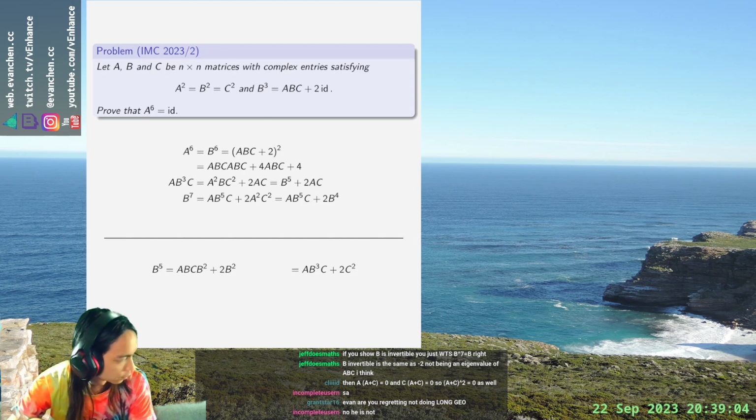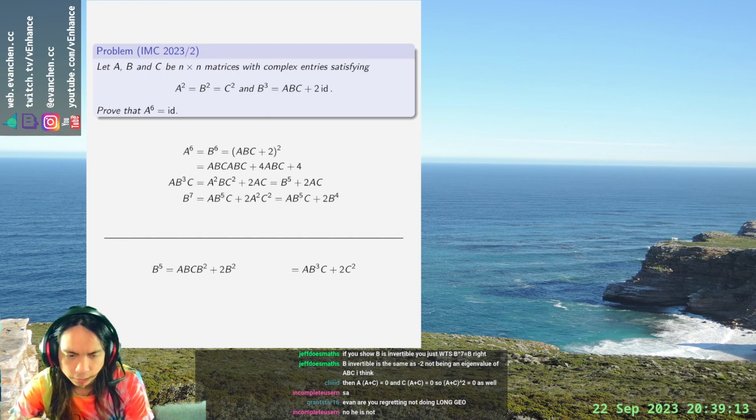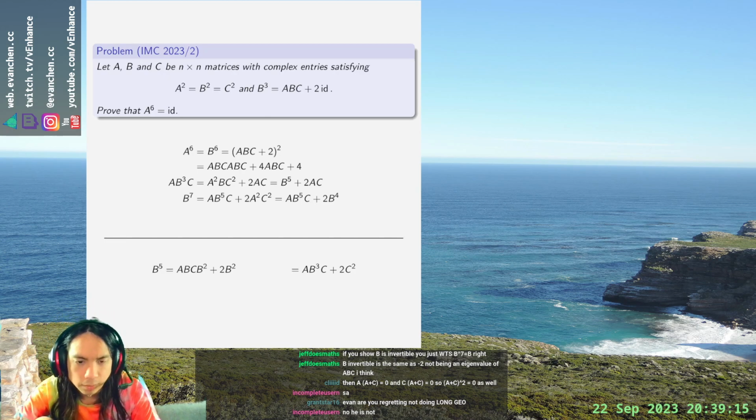Wait, isn't it b squared? It's like plus 2b squared, right? And then what do I combine that with?